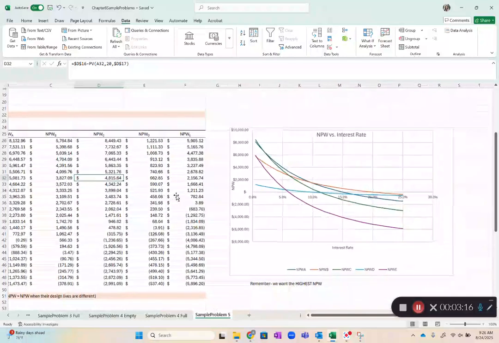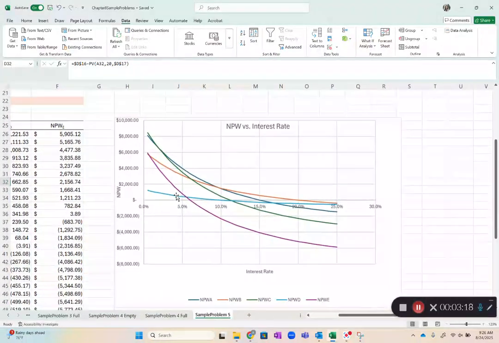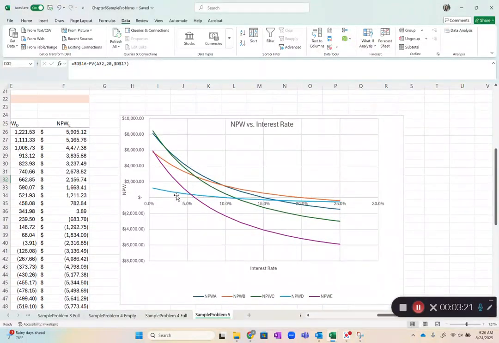Okay, so I now have this graph, and the graphs are kind of the basis for everything we're doing in this chapter, right? So this is a net present value versus interest rate. So I have, I don't know what color this is, guys, gray. That's option A, orange is option B, green is option C, blue is option D, purple is option E. So they're just kind of all over the place.